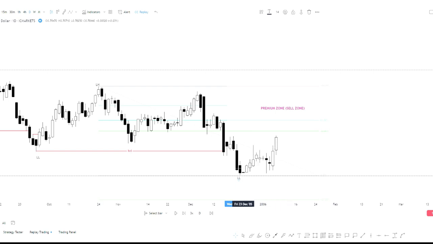This is something important to consider when you are confirming a valid pullback, because some traders may think, okay, this is the high of the most recent bearish candle and it is broken by the candle body. Yes, it is true, but this candle body did not break higher than this wick plus the extended wick of this candle.